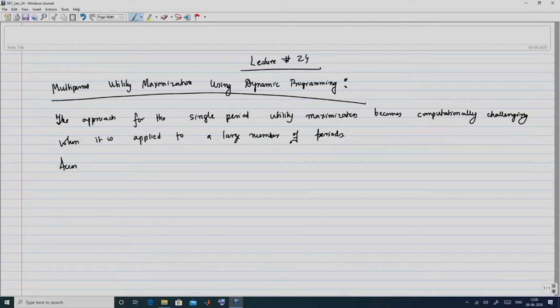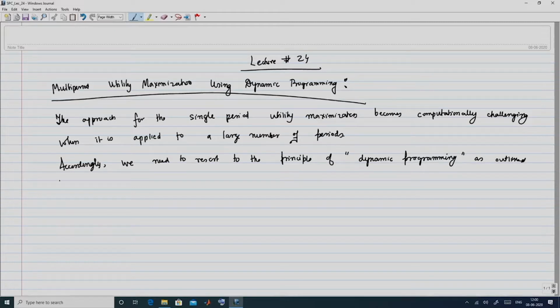So, accordingly, we need to resort to the principle of dynamic programming as outlined below.